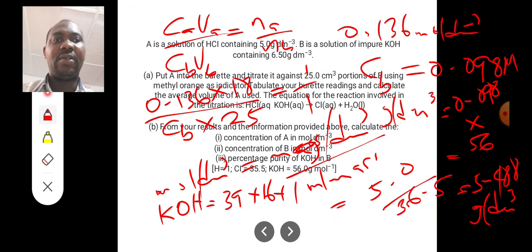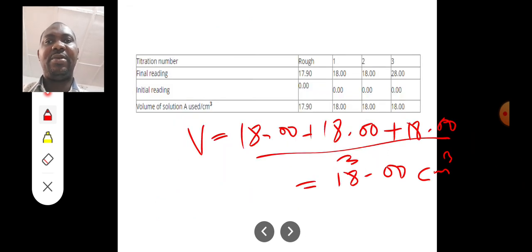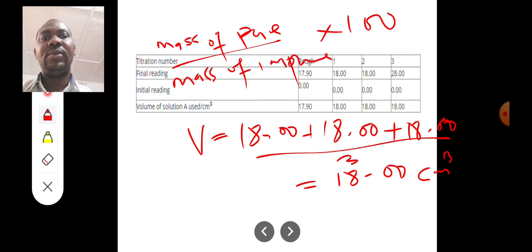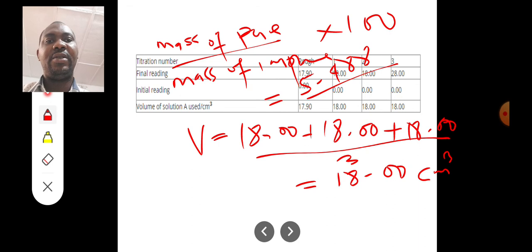Now we'll go back to the question. We're asked to find the percentage purity of KOH. The percentage purity is the mass concentration of pure over the mass of impure, times 100. The mass of pure is the one we get from the calculation, which is 5.488. The mass of impure is usually given.